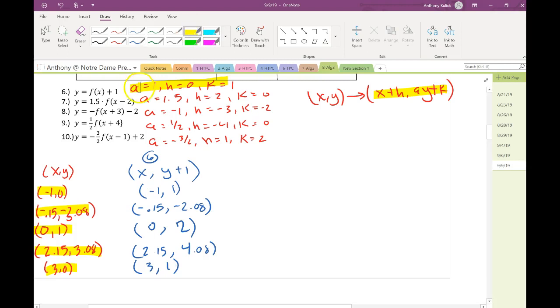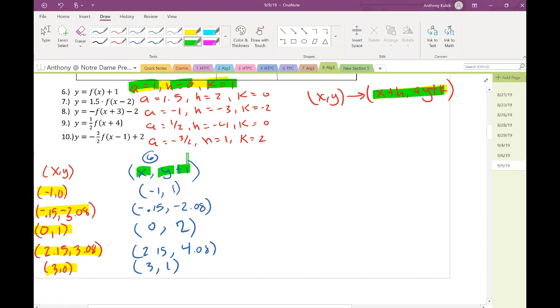So I took my values for a, h, and k from number 6 and plugged them into this formula. So I have x plus 0, comma 1 times y plus 1. x plus 0 is just my x. 1 times y is just my y, and then I just have the plus 1.